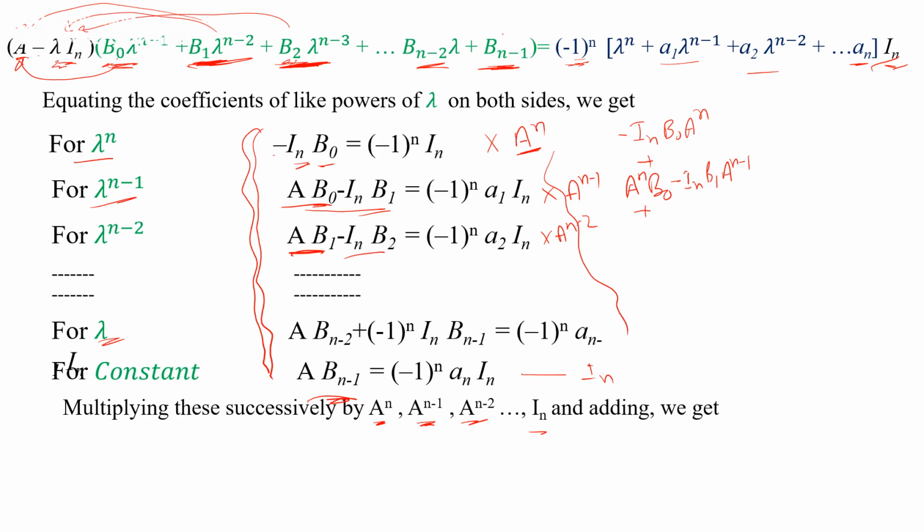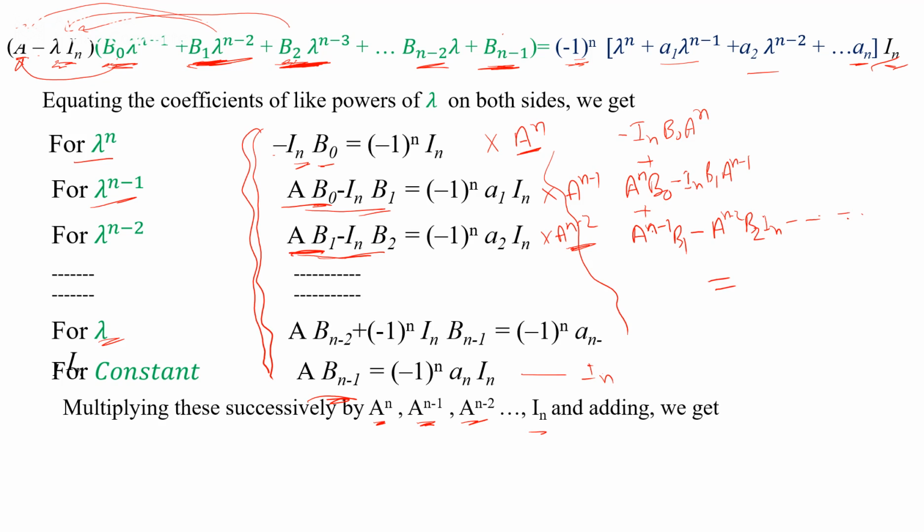And similarly when A^(n-2) is multiplied on the left hand side, and we add, we write A^(n-1) B1 minus A^(n-2) B2 I, and so on.